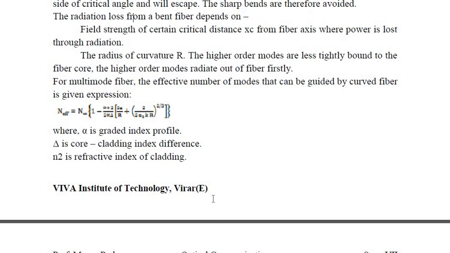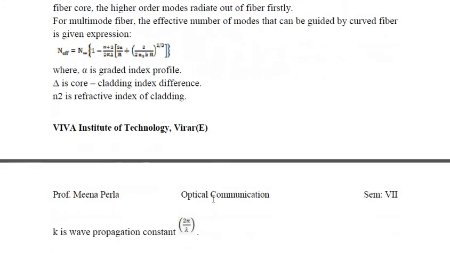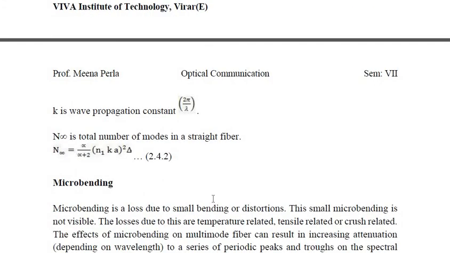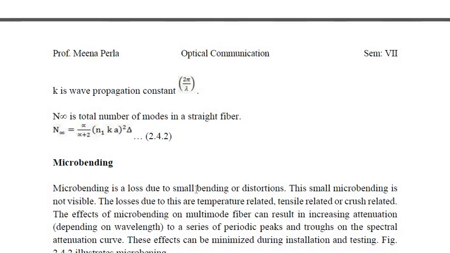N2 is the refractive index of cladding. K is the propagation constant, 2 pi by lambda. N infinity is the total number of modes in the straight fiber, where N infinity is equal to alpha by alpha plus 2 into n1 k a squared into delta.